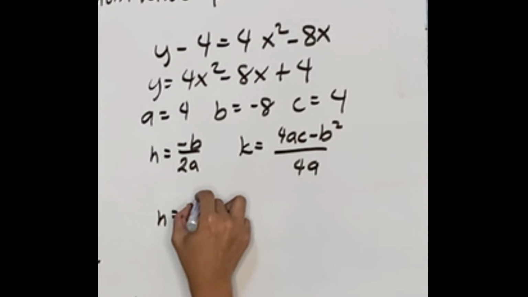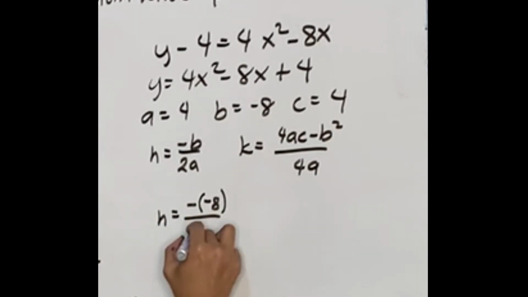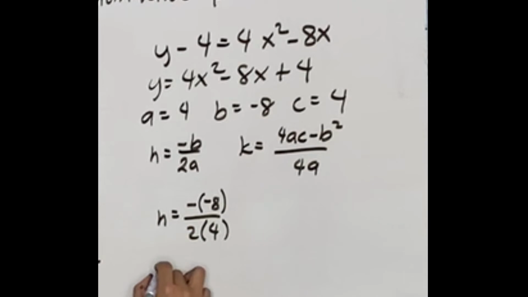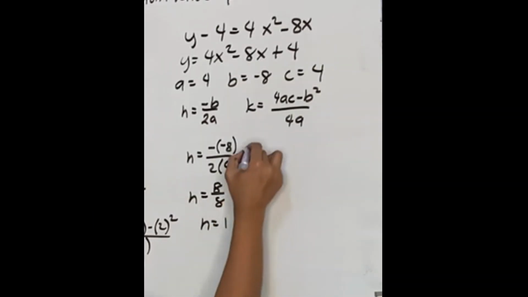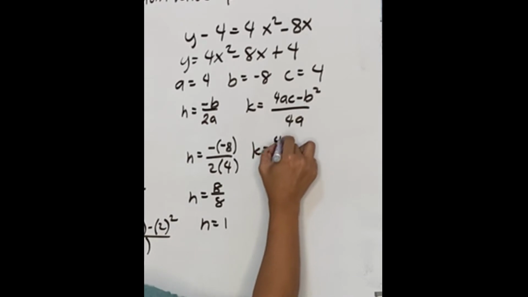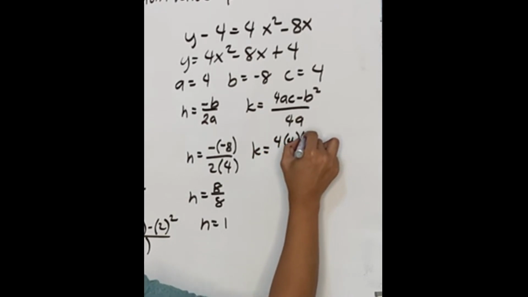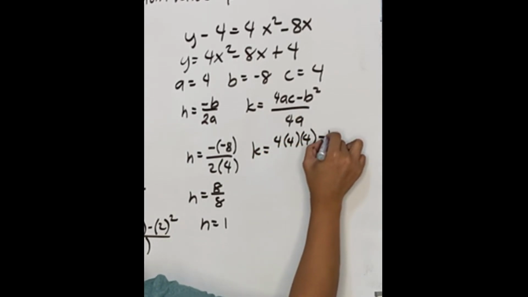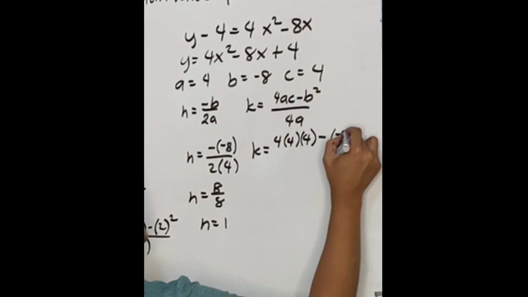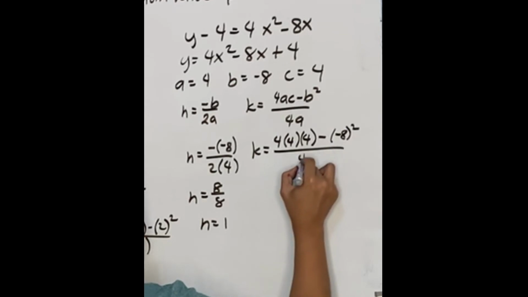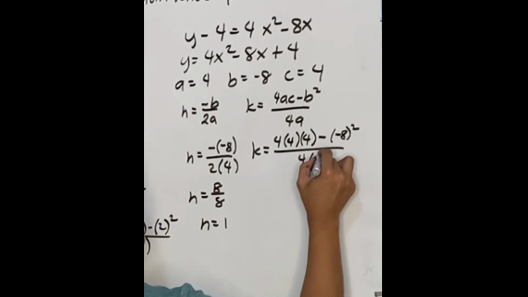H is equal to negative of negative 8 over 2 times 4. H is equal to negative of negative 8, which is positive 8, over 8. H is equal to 1. Now let's have k. 4 times 4 times 4 minus b squared, which is negative 8 squared, all over 4 times 4.